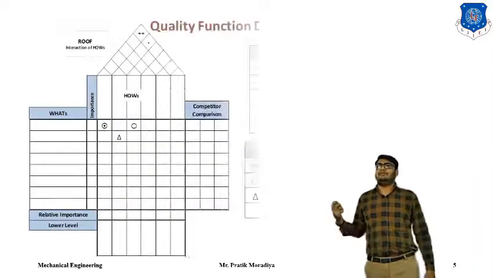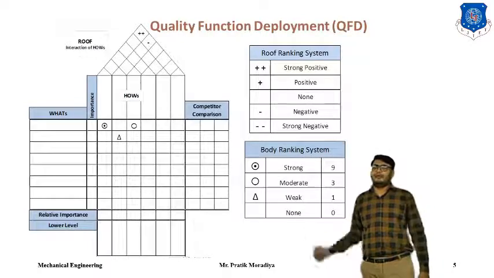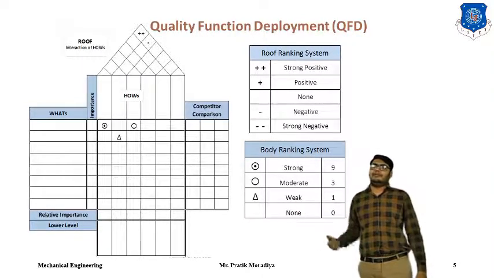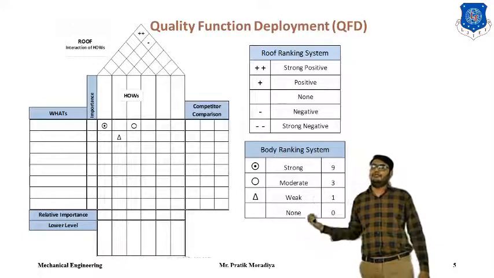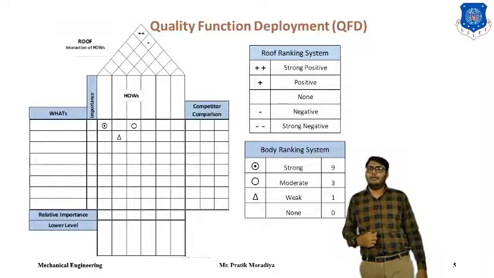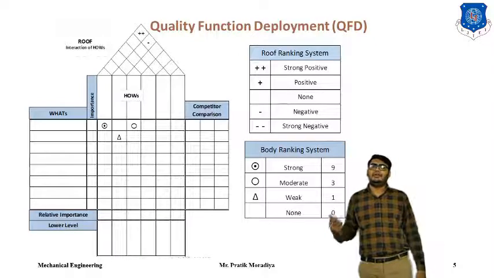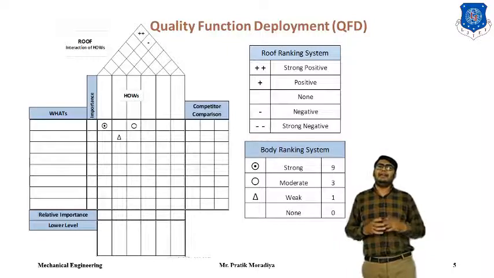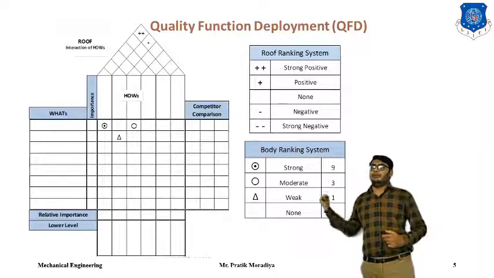The template that we normally use for the house of quality looks something like this. The whats and hows we have already discussed: we list out what the customer wants and how we are planning to give it. In the relationship matrix we provide the relationship. Now, to get an idea about different types of relationship, we use different symbols.